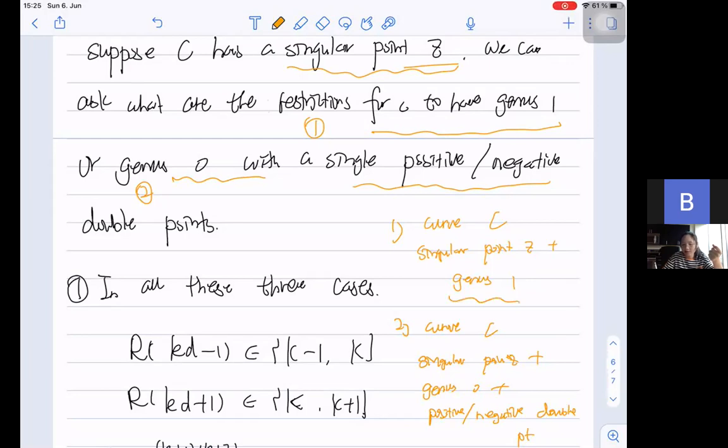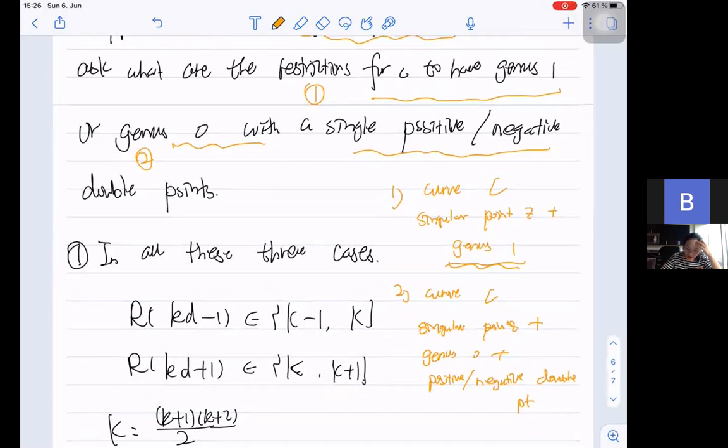Surely you can also ask a more general scenario: can we find a curve C of arbitrary genus g, and then replace 1 or 2 of the genus by some positive or negative double points. This is the general scenario.